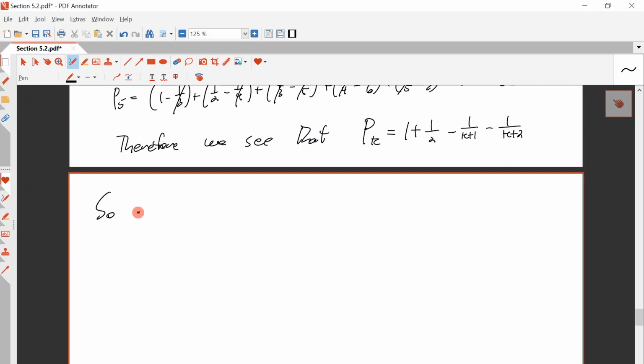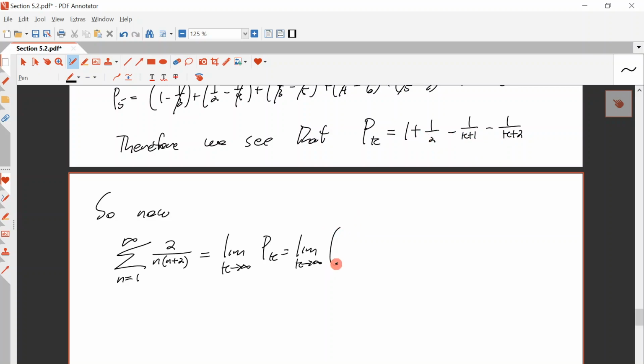So now, the sum n equals 1 to infinity of 2 over n times n plus 2 is equal to the limit as k goes to infinity of pk. But that's the limit as k goes to infinity of 1 plus a half minus 1 over k plus 1 minus 1 over k plus 2.